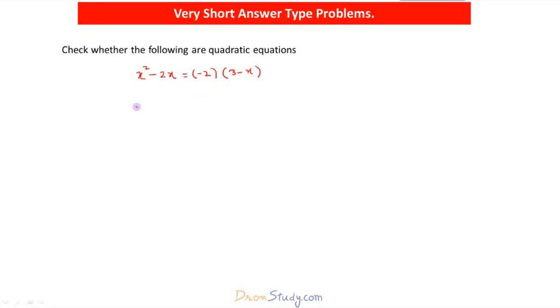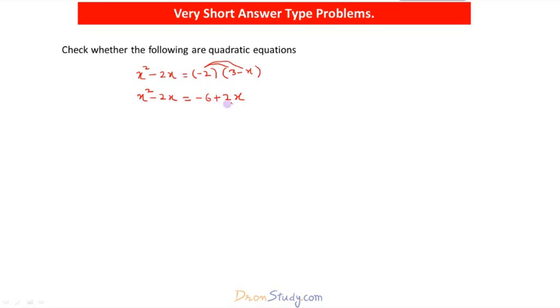Again simplify it to write it in standard form. So it will be x square minus 2x, multiplying by minus 2 inside the bracket, which is equal to minus 2 into 3, that is minus 6, and minus minus will be plus, and 2 into x, that will be 2x.